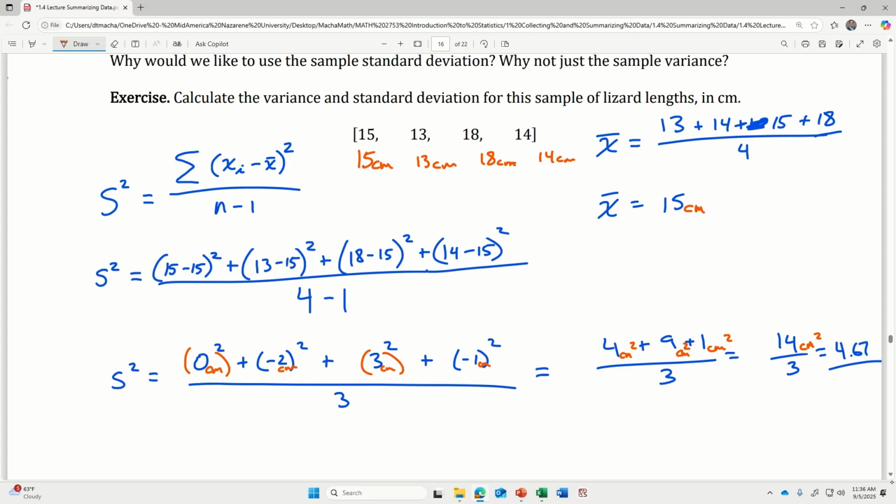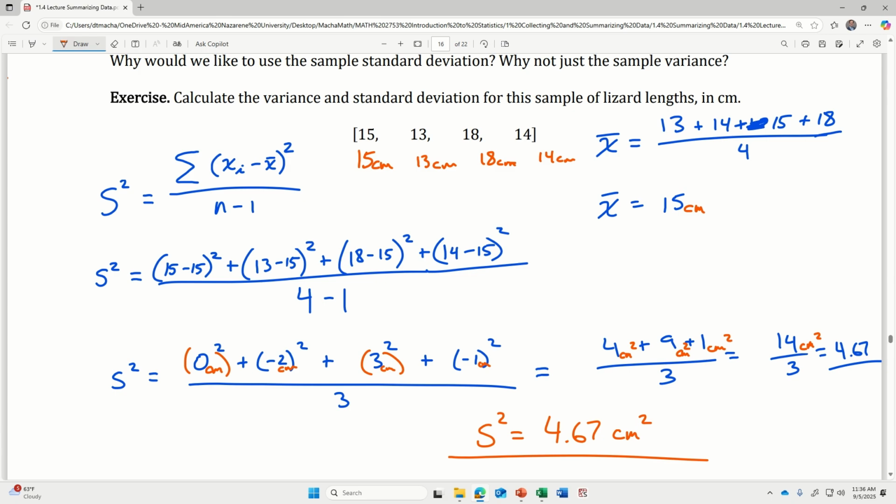and I have an answer where my sample variance is 4.67 centimeters squared. Centimeters squared is a measure of area. It's not a length. My data set is all in length, right? It's all in centimeters.